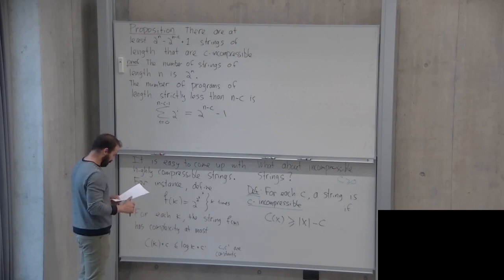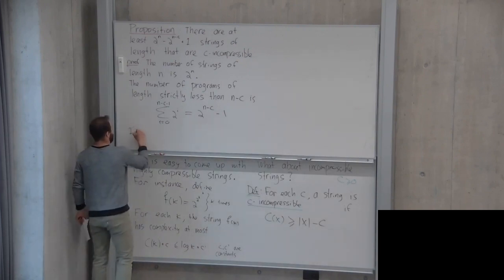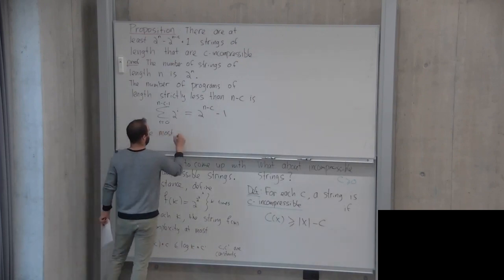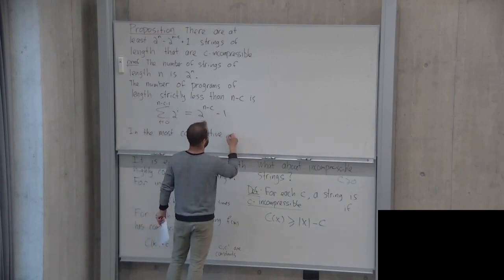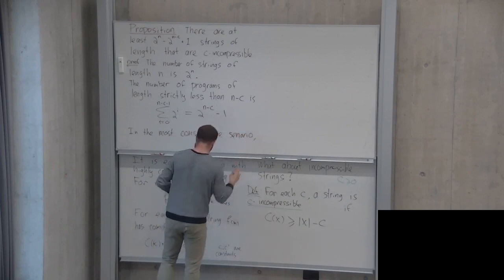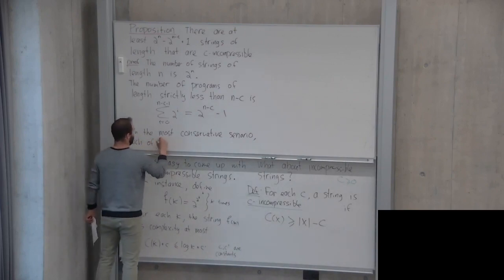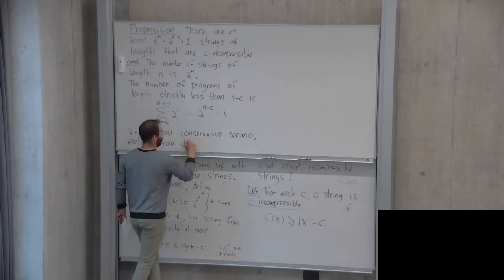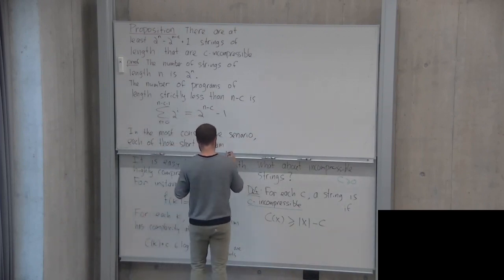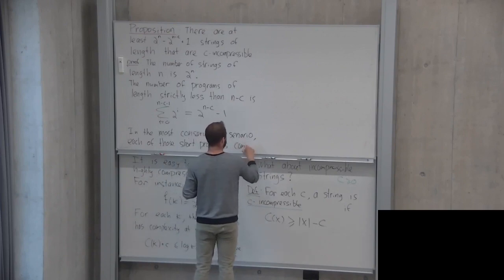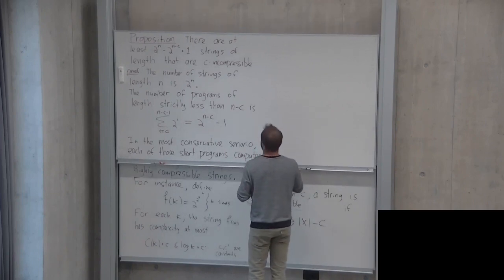And now we're going to look at the most conservative scenario. In the most conservative scenario, each of those short programs computes a different string of length n.